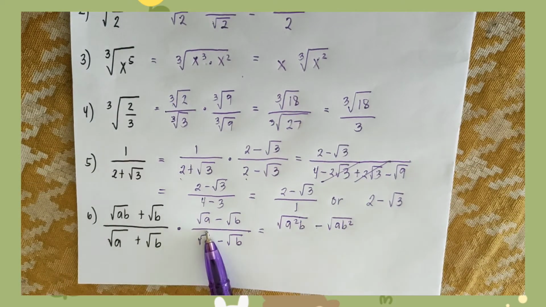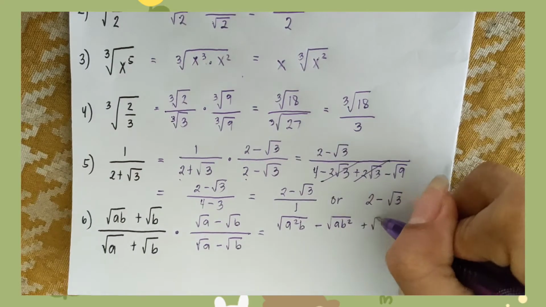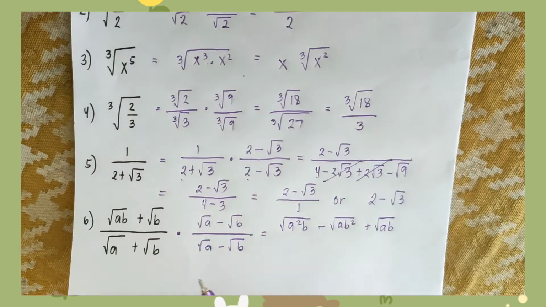Square root of B times square root of A, that is square root of AB.